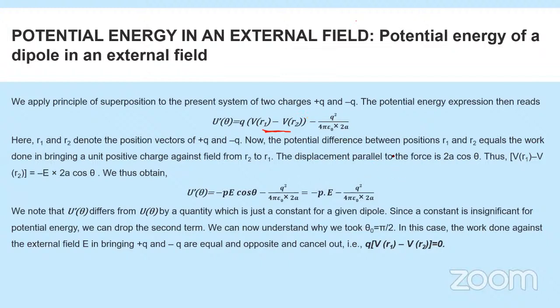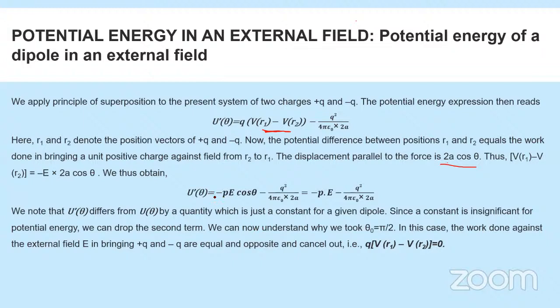We are trying to bring a unit positive charge against the external field that is there, so the displacement is parallel to the force. The displacement can be given as 2a cos theta. So V(R1) minus V(R2) is going to be minus E into 2a cos theta.